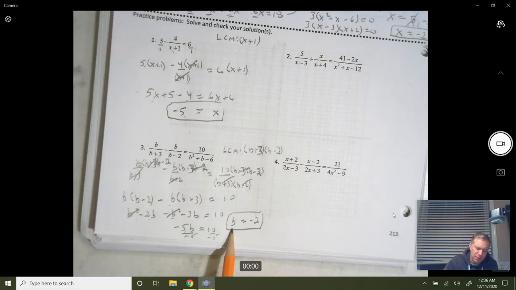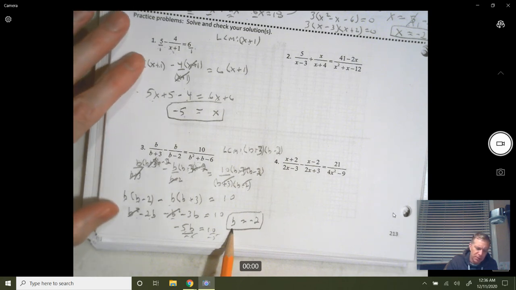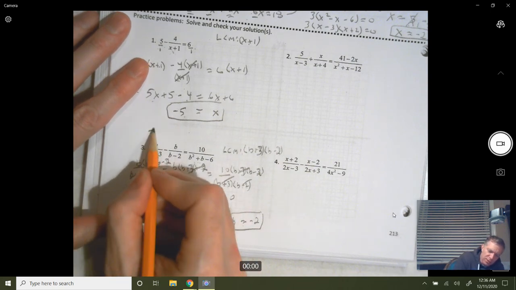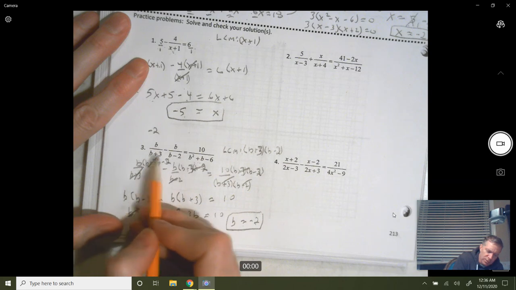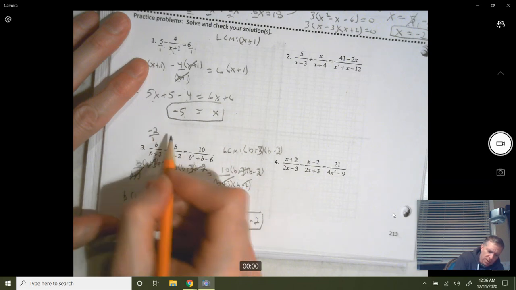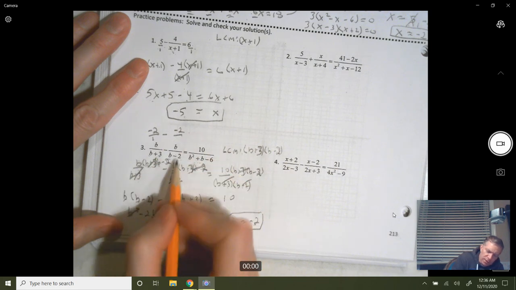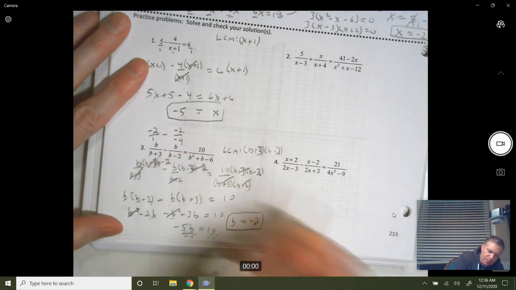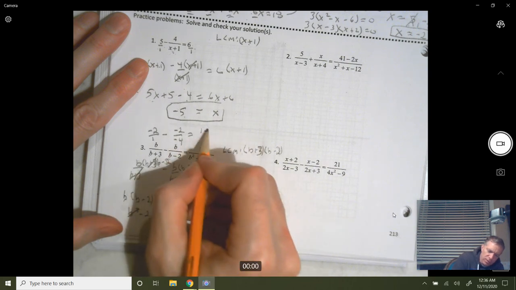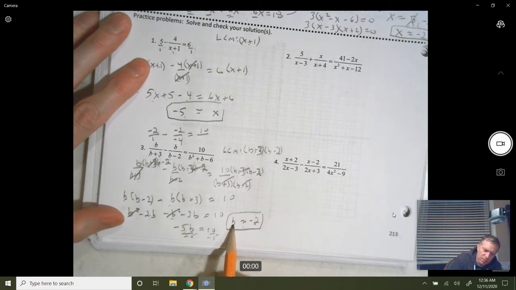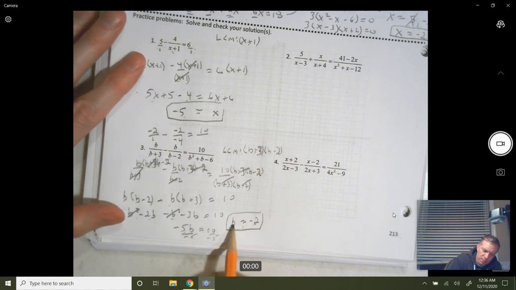Okay. I feel like something's a little goofy. If you want, you can always just plug it into the entire thing and make sure it actually works. So if b is negative 2, we have negative 2 over negative 2 plus 3, so over 1, minus negative 2 over negative 2 minus 2, negative 4, equals 10 over this thing.